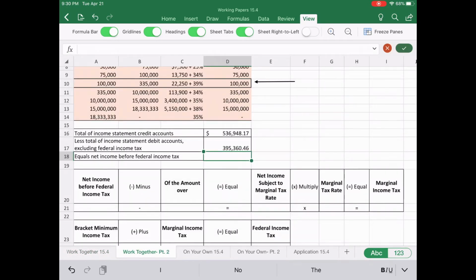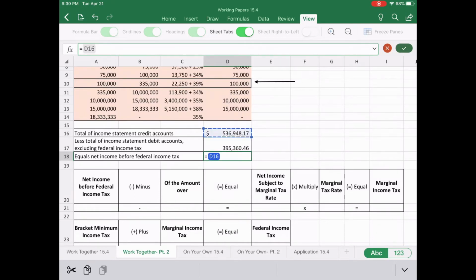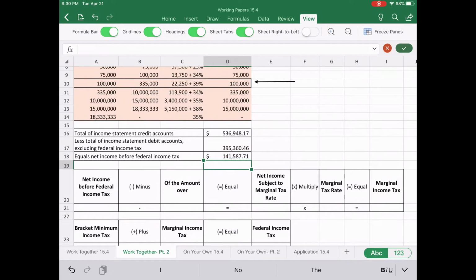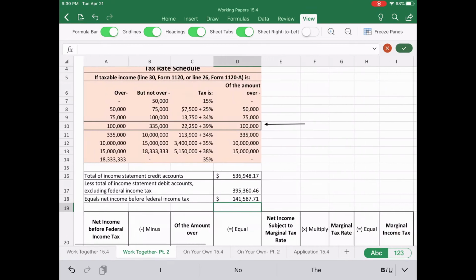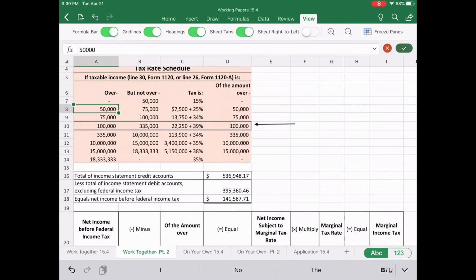All right, so to figure out the net income before federal income tax, it's this cell minus this cell. So our net income before our federal income tax is $141,587.